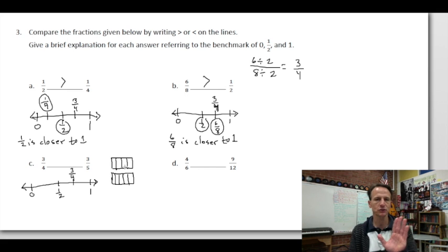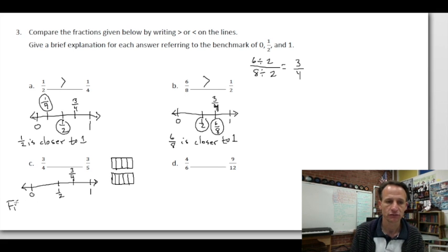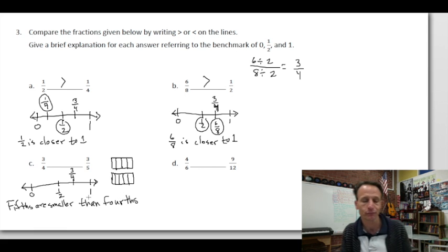Now don't worry about drawing this exactly. Fifths are smaller than fourths. I'm going to write that down. Fifths are smaller than fourths. This is the logic you use to solve ones like this. Okay, fifths are smaller than fourths.